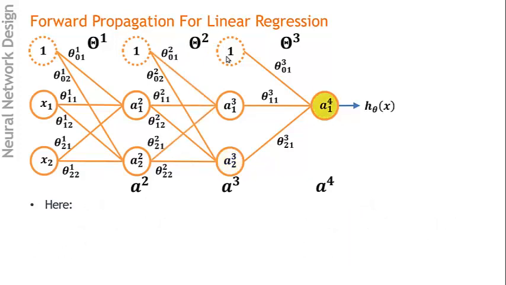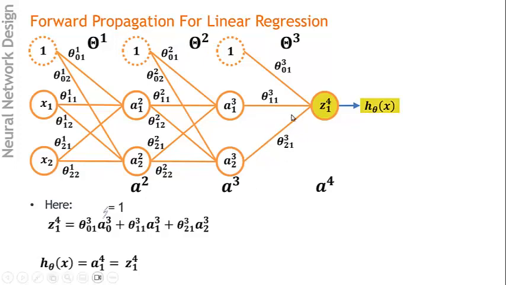Then finally, you have your final output, A4. Linear combination of the nodes in this layer. However, at this layer, you simply take the result and don't apply an activation function. So that will enable you to have a range of numbers that's not just between 0 and 1.